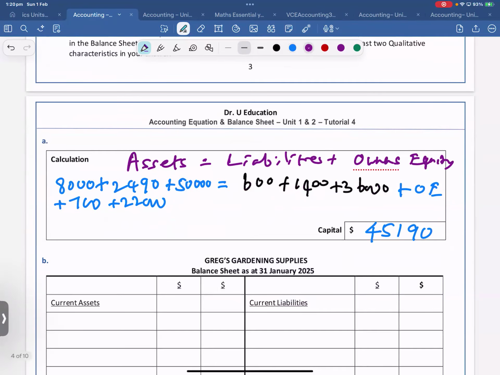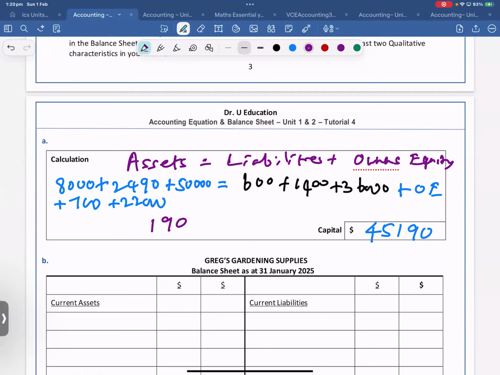All the assets will be 90... 4 plus 7, 11, 3, 5, and then 8, 5, 30, 135, no, 155. Hold on, sorry, I made a mistake.